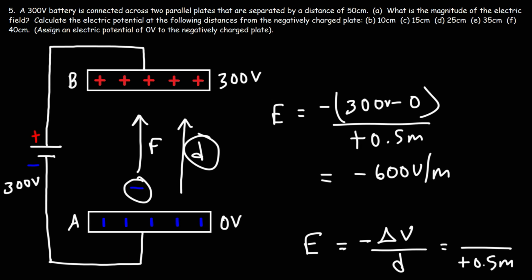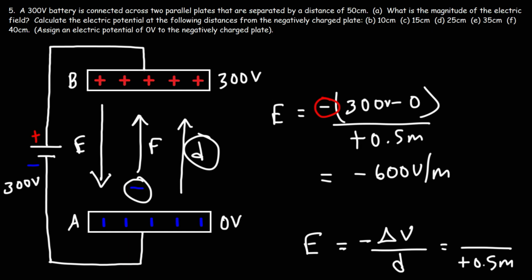Now the negative sign tells you the direction of the electric field. The electric field is going to emanate from the positively charged plate to the negatively charged plate. And notice that it's going in the negative y direction. So along the vertical axis, the negative sign tells us that it's going in a negative y direction. So that's what the sign can tell you.